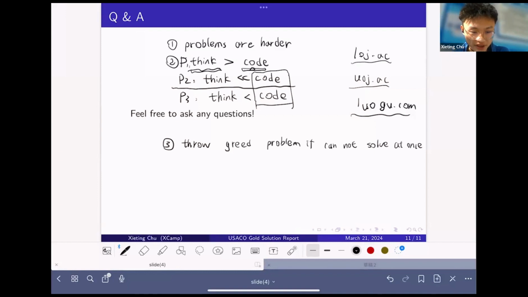And only come back to it when you have finished the other problems. Because with a greedy problem, you really do not know when you can solve it if you cannot solve it at once. These problems depend heavily on your insight.